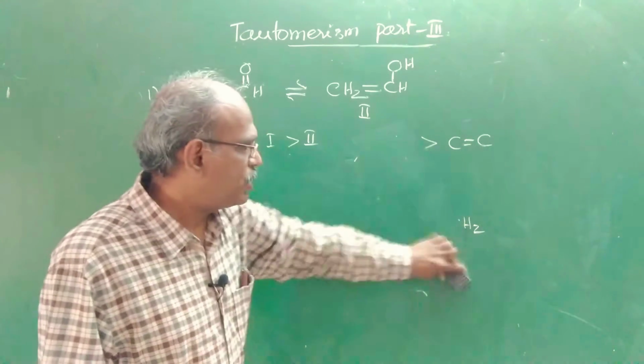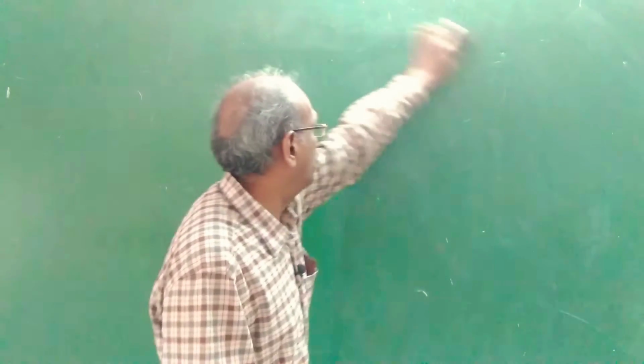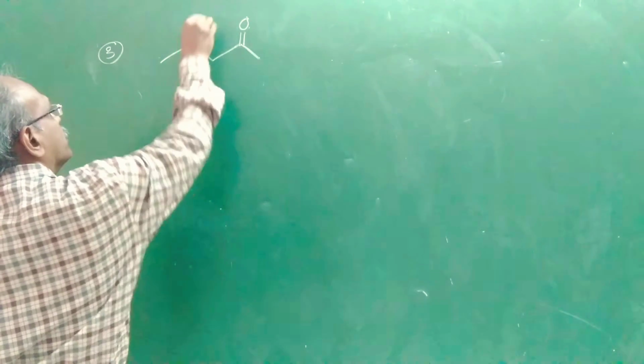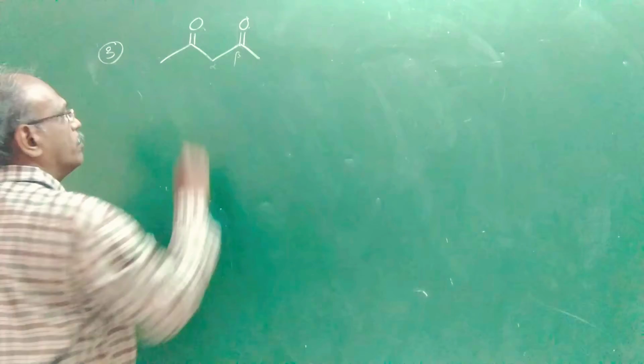Now, let's take diketo compounds. First let's take this compound. See, this is keto, alpha, beta.